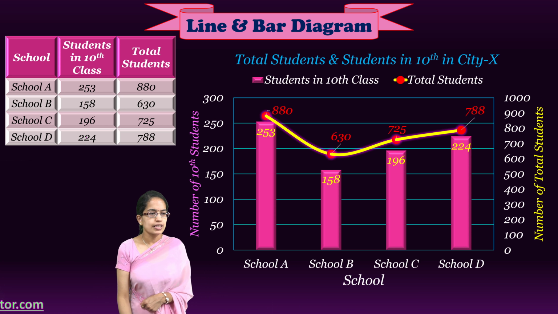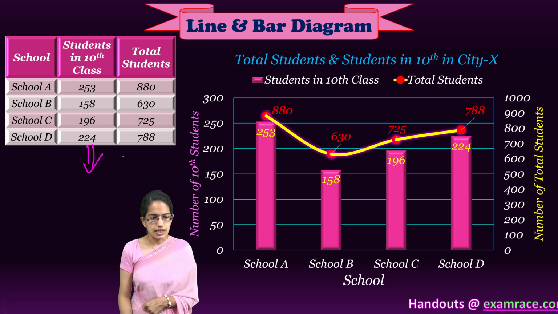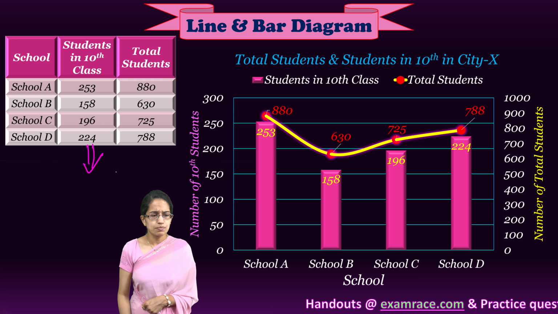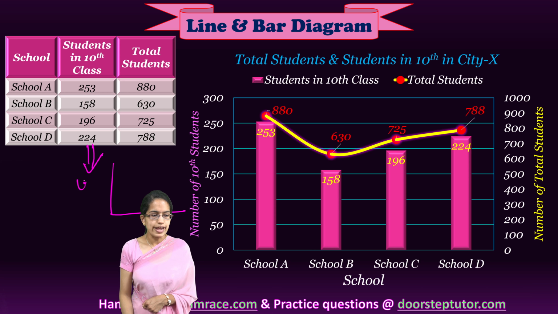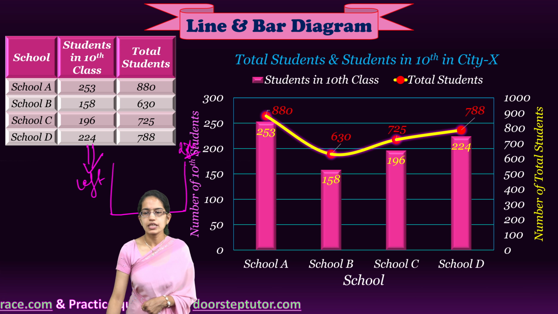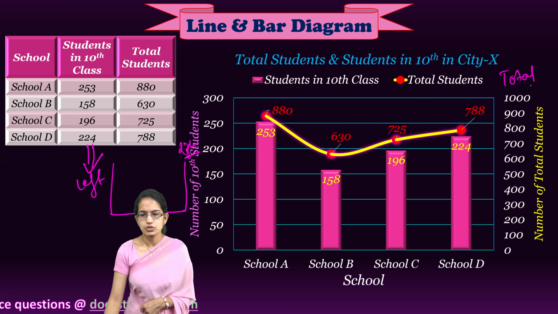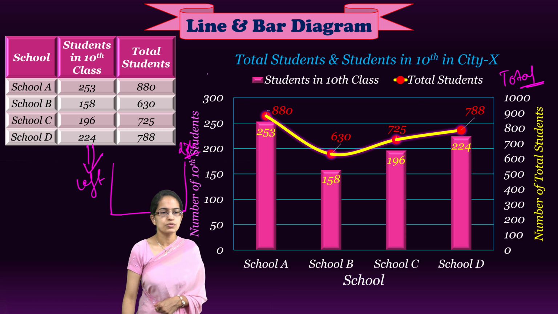So with the bar graph, I am explaining the number of students that are present in class 10th. And that is plotted onto the y-axis on the left side, and onto the right side of the axis I plot the total number of students. So this line shows me the total number of students, and this curve shows me the students in class 10th.